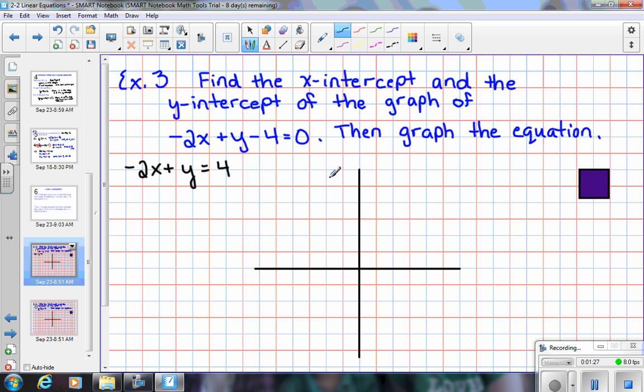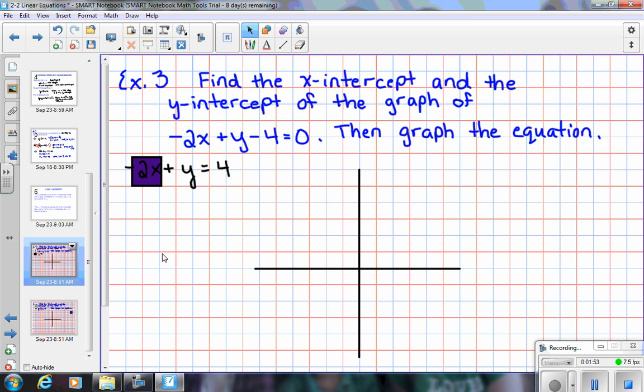Now I want to find the x and y-intercepts. Let's do the y-intercept first. How do I find the y-intercept? You let x equal 0 and you solve for y. When it's in this format and you let x equal 0, 0 times negative 2 is 0. So one good way to do this is to just cover up that term.